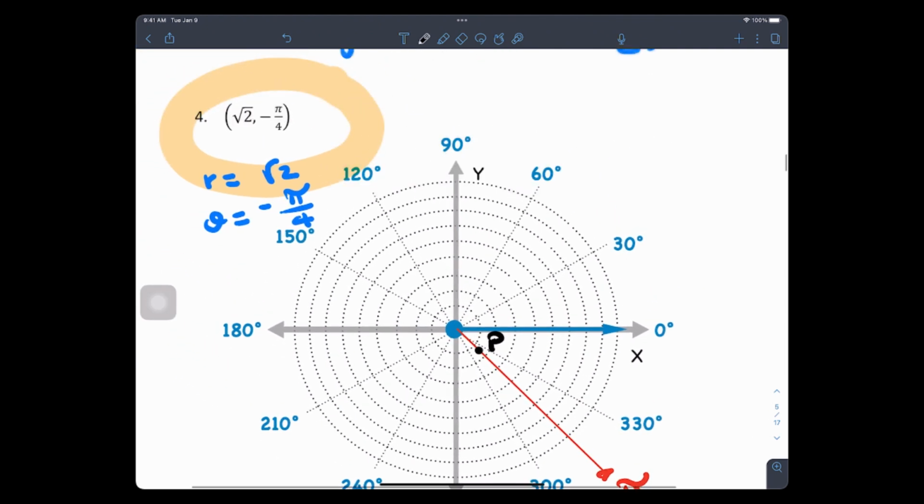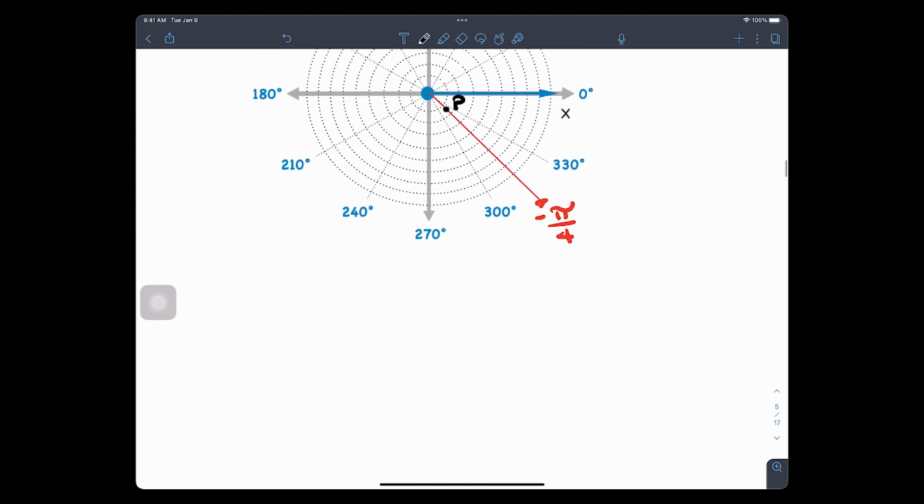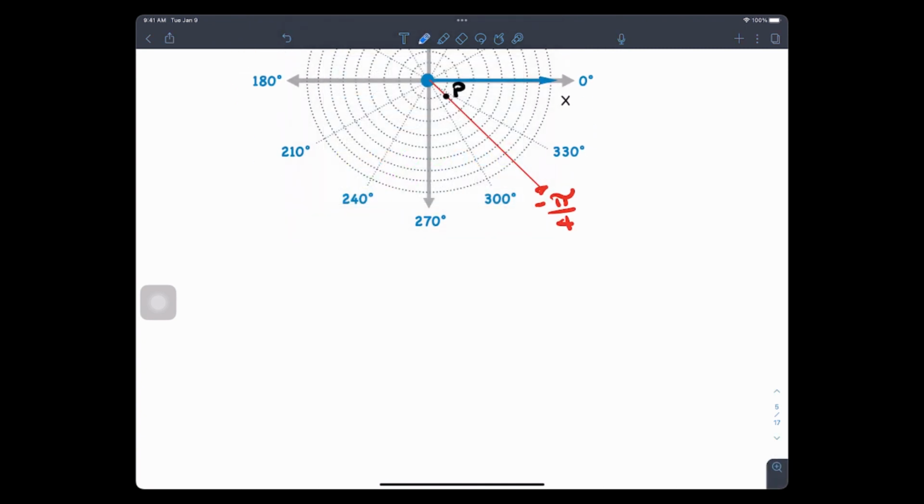So isn't this the location, right? We plotted this yesterday. Okay, let's use our conversion formula. You go, what's our conversion formulas? Tangent theta is y over x. Tangent negative pi over 4 is y over x.